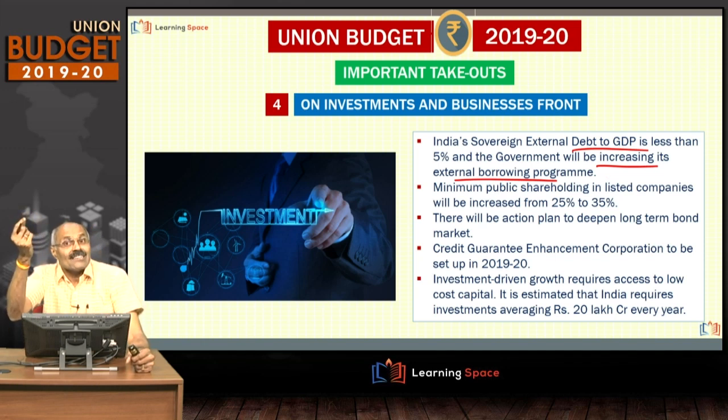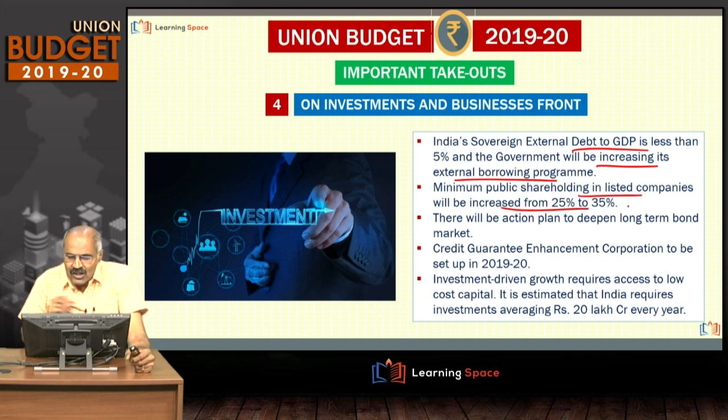There are several advantages. When government borrowing externally increases, it sets a benchmark for interest, so that other businesses, whoever are borrowing through external commercial borrowing programs, can get money at lesser interest. So therefore, government borrowing from external front will be increased.